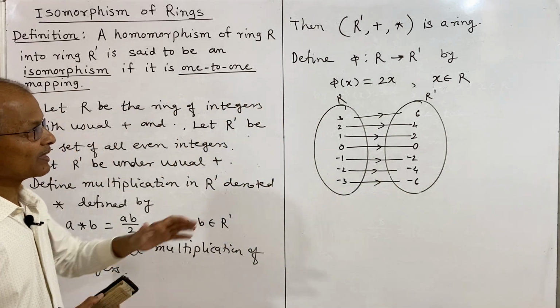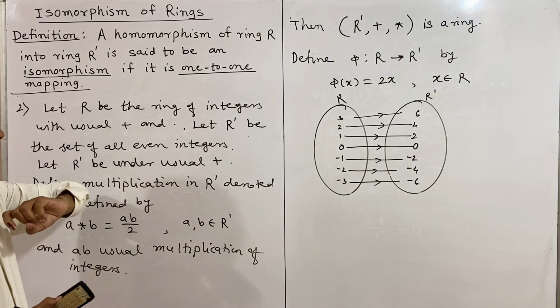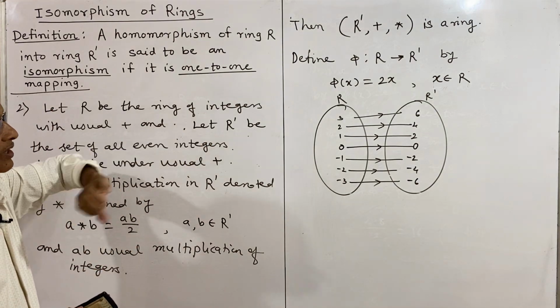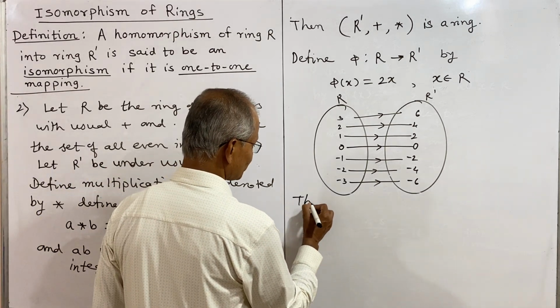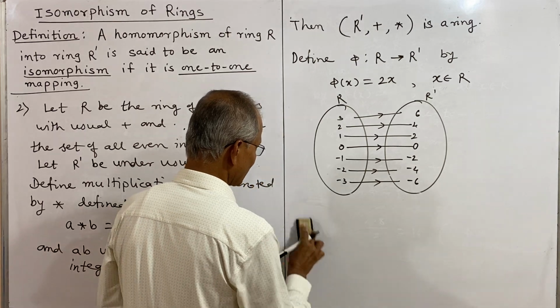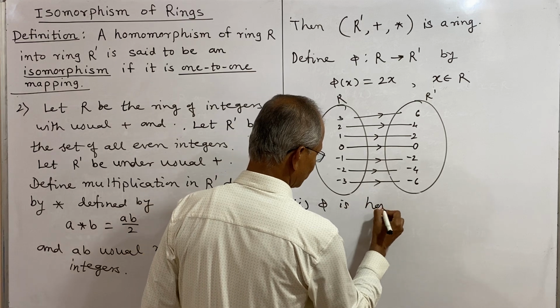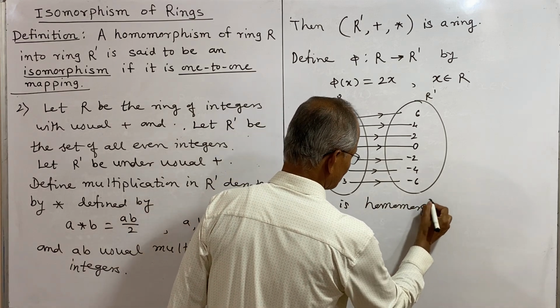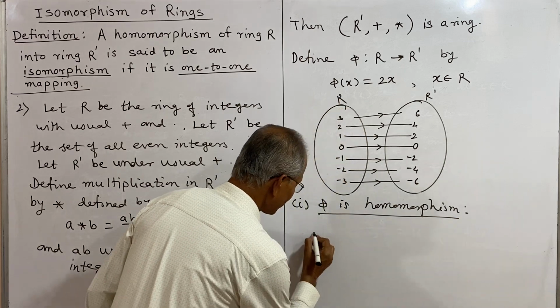Now we shall prove this is an isomorphism, and also onto. First we shall prove phi is a homomorphism. What are the two properties of homomorphism we need?